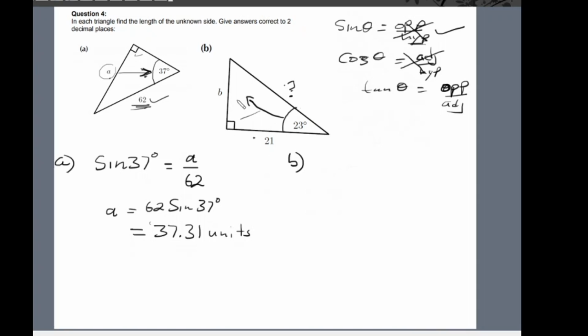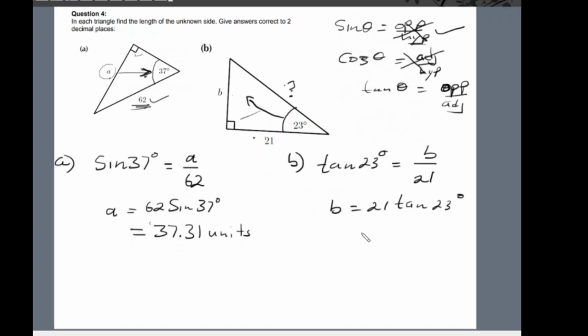So I have opposite over adjacent. So we use tan of 23 degrees, that is b over 21, right? So I want to solve for b. Now multiply both sides by 21, so b is equals to 21 tan 23 degrees.